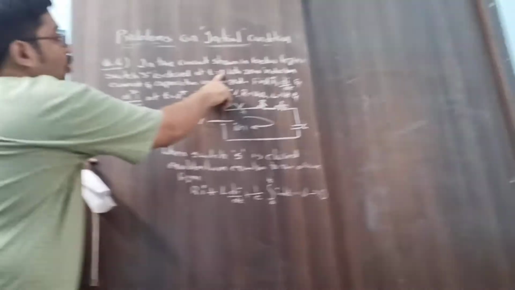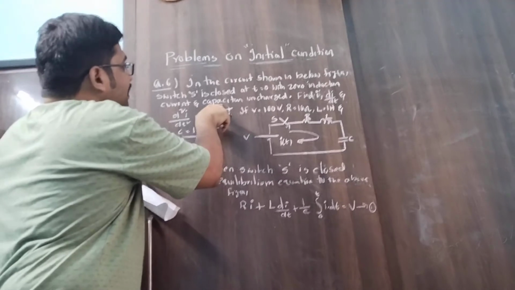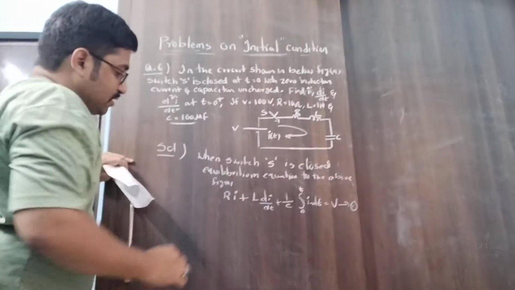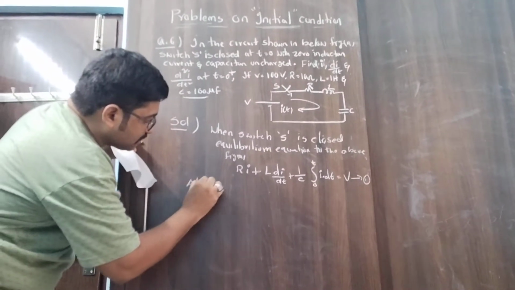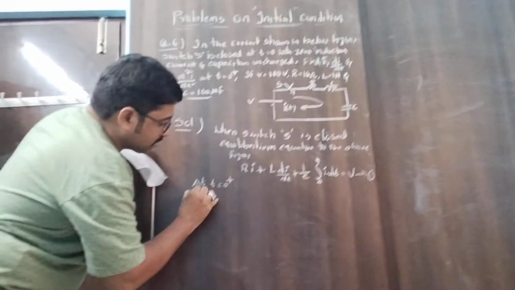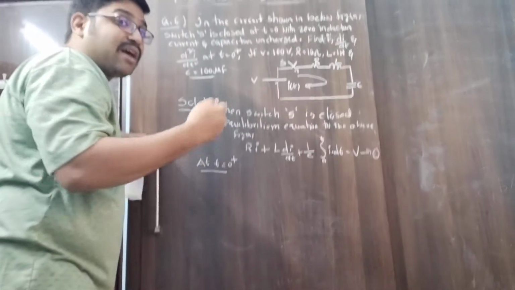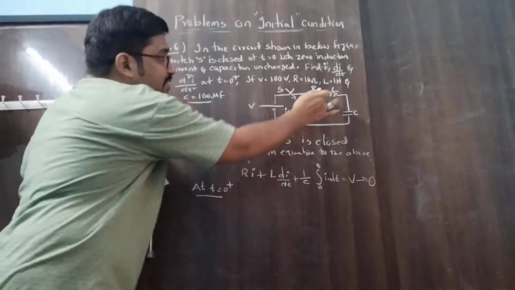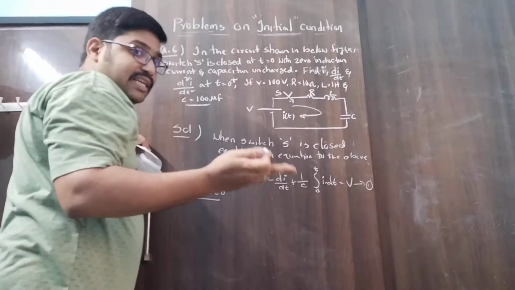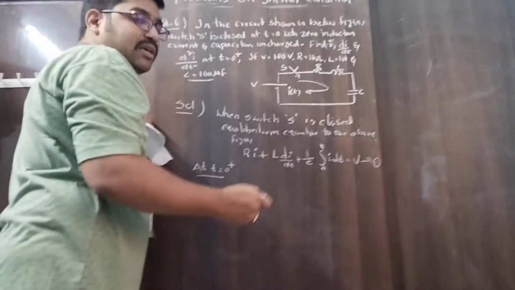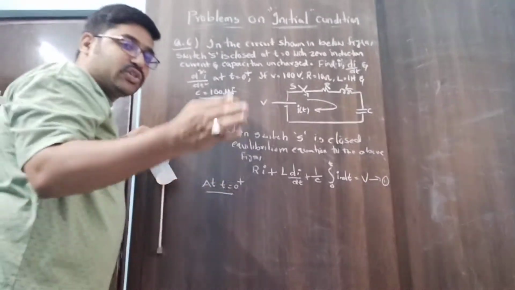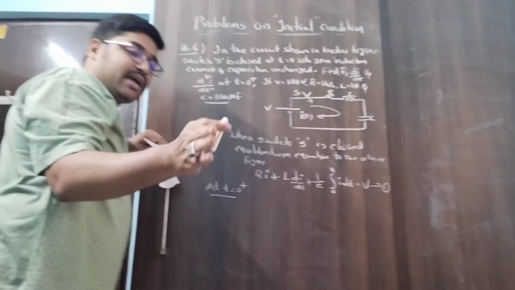At t equal to 0 there is no current through the inductor and the capacitor is completely uncharged. What happens at t equal to 0 plus? At t equal to 0 plus, just after closing the switch, the inductor behaves as an open circuit and the capacitor acts as a short circuit. You know this very well, and if you watch my previous videos you will get the information.